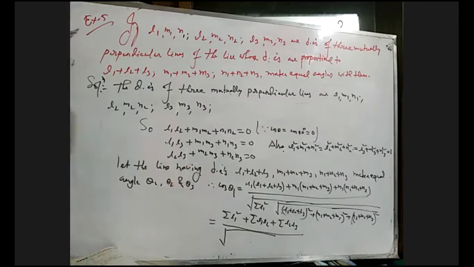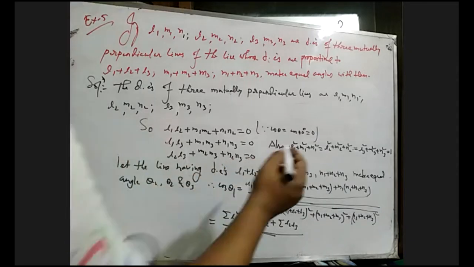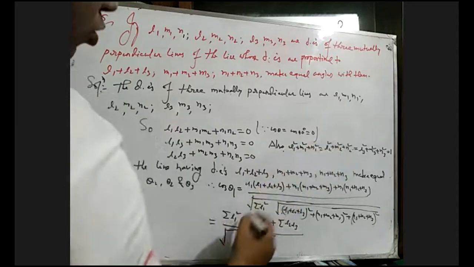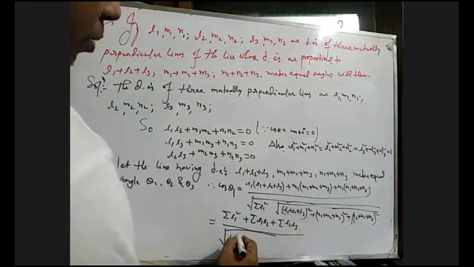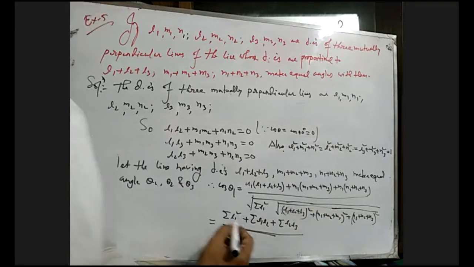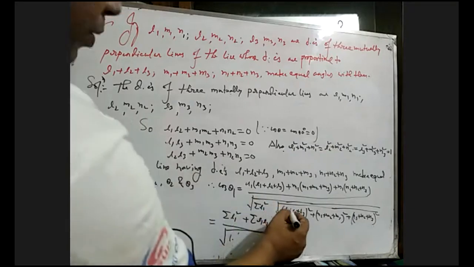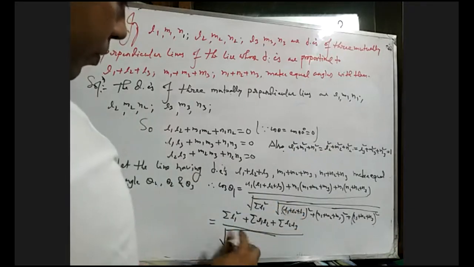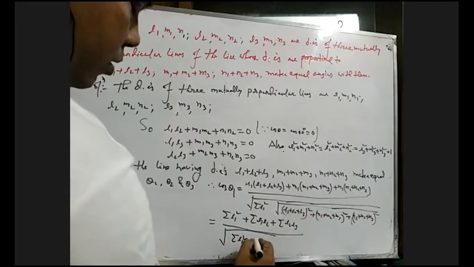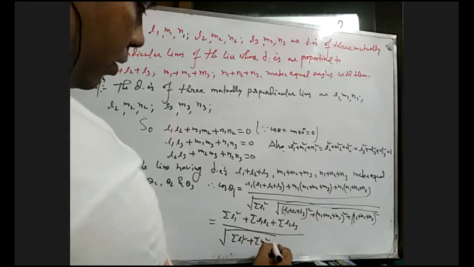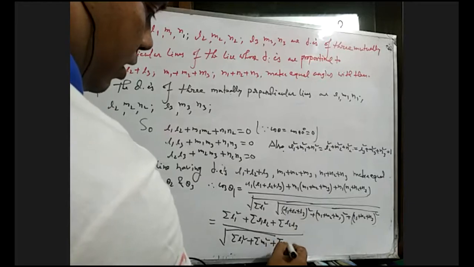So square root over summation L1 square. Summation L1 square means what? L1 square plus M1 square plus N1 square equals to what? 1. Okay, so this sum of squares can be written as, from here summation L1 square, from here summation M1 square, summation N1 square.